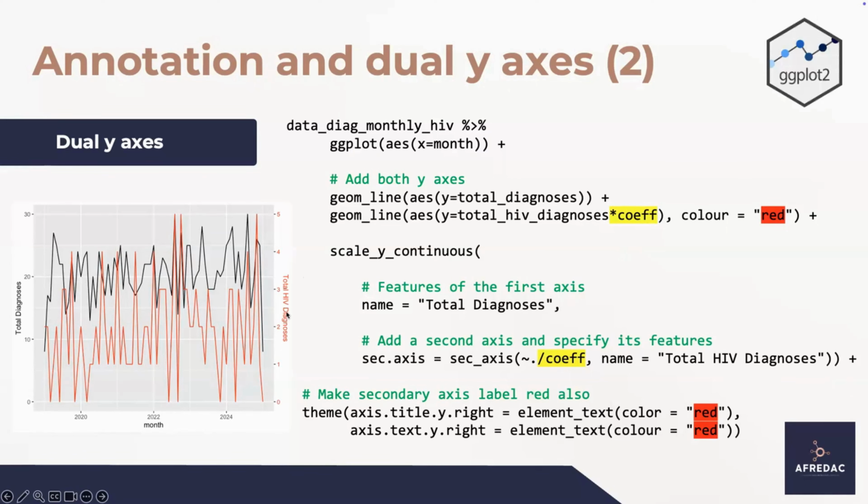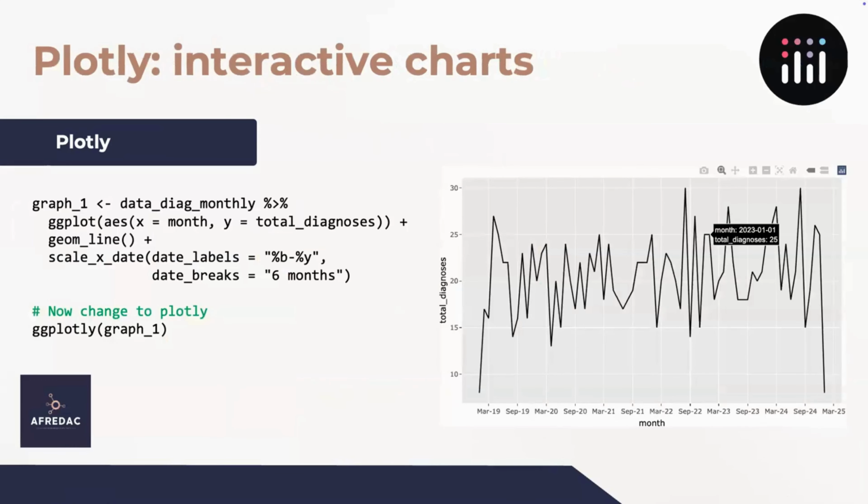So even though total HIV diagnoses only go from 0 to 5, we're able to visualize it on the same plot as total diagnoses, which go from 0 to 30. This is an option if you would like to visualize more than one thing on the same graph. But again, you have to do it with caution because sometimes people interpret these two lines to be the same thing, whereas they're not.